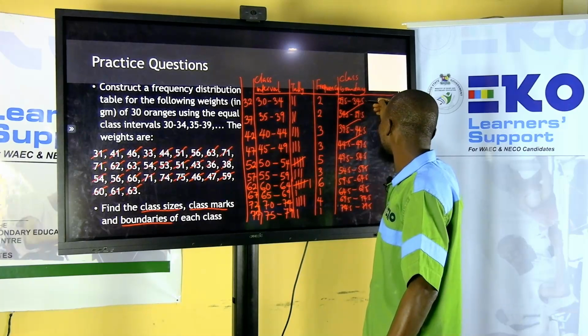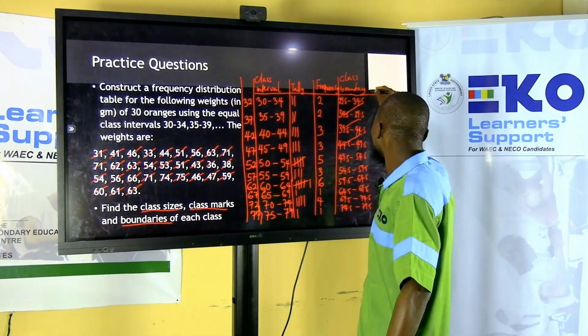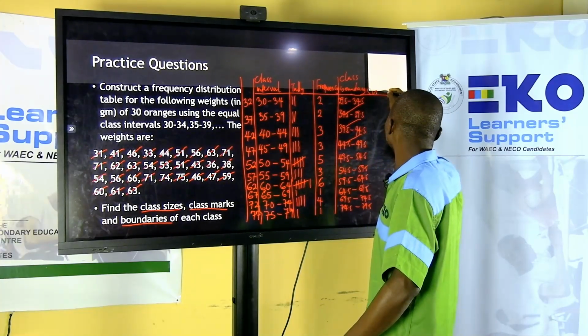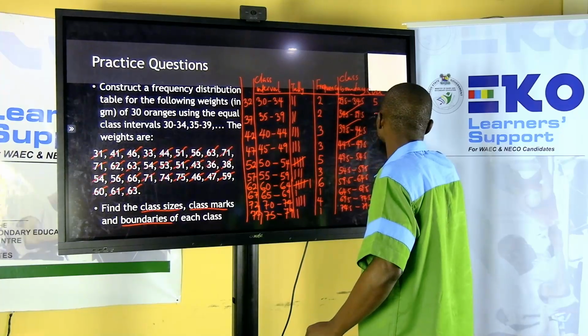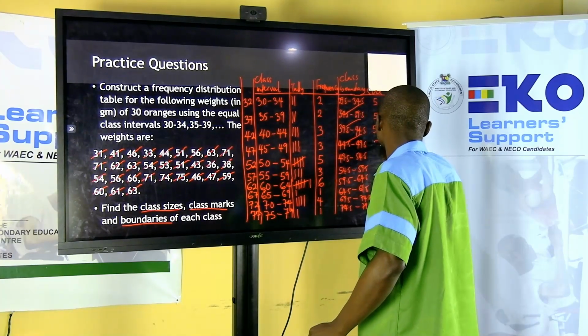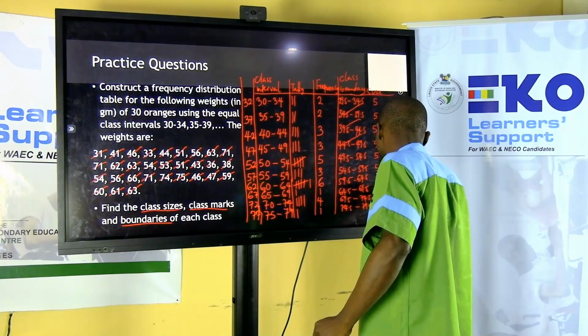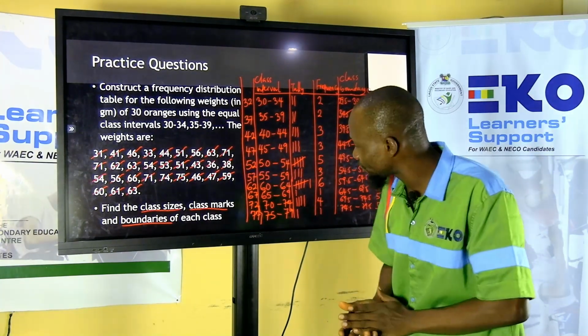Here, 34.5 minus 29.5 will give us 5. So the size we are looking for will be 5, and it is 5 for every class. So that is what we mean by the class size.